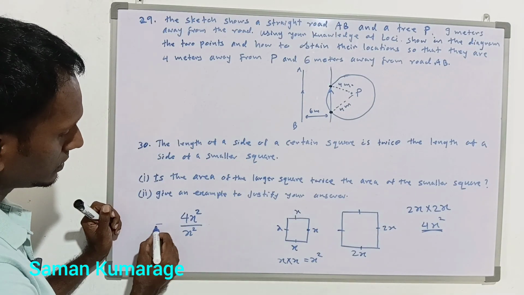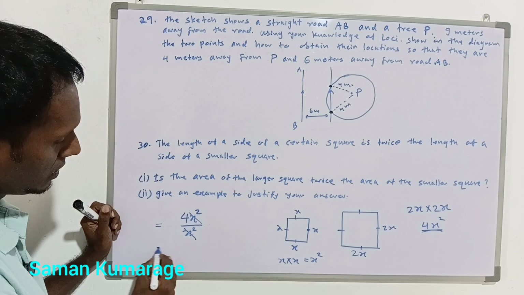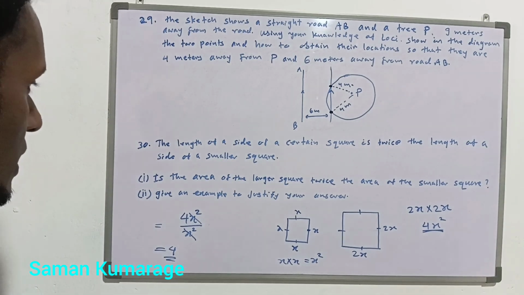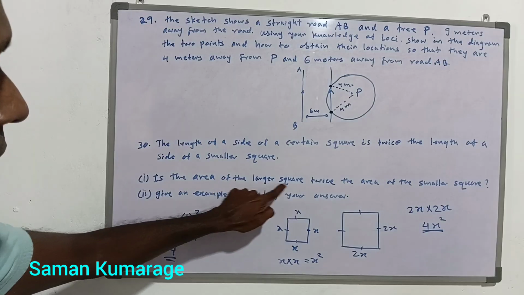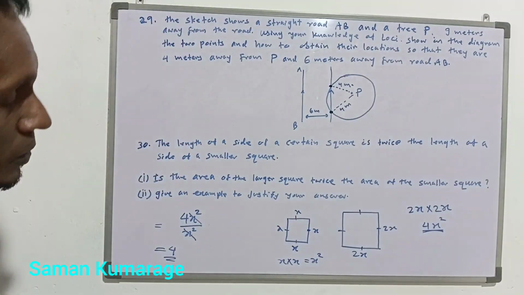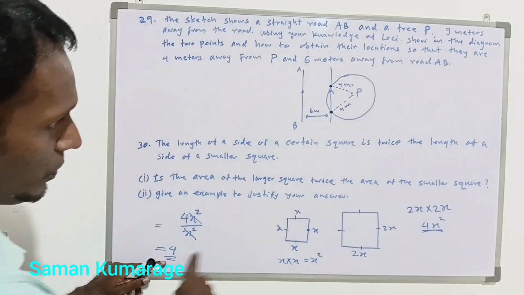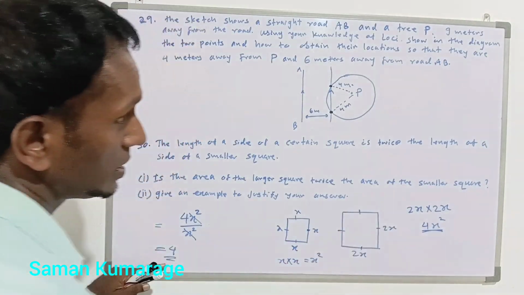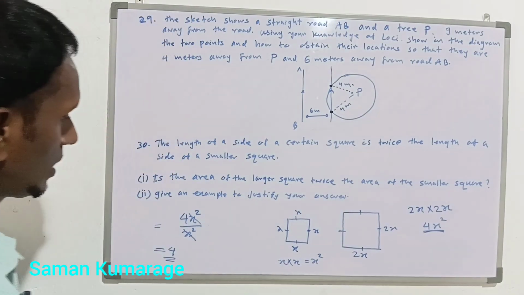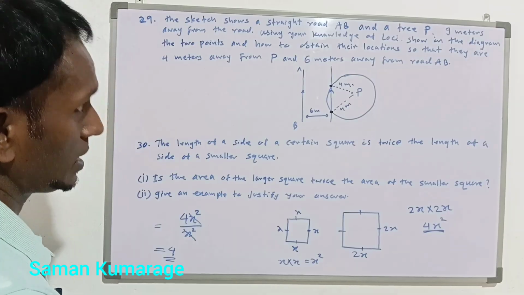If you cancel this x squared, it is 4. So they are asking whether the area of the large square is twice the area of the smaller square. No, it is not twice, it is 4 times. Therefore it is not twice the area of the smaller square. So this is the explanation for that.